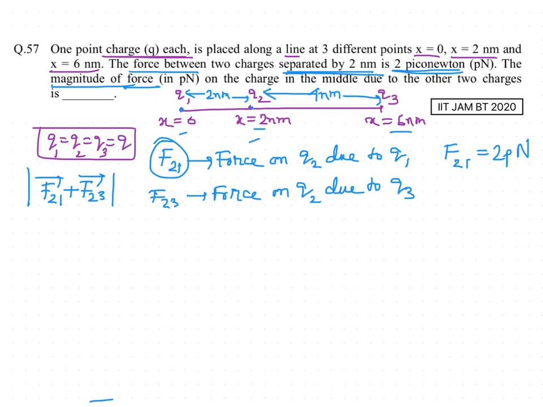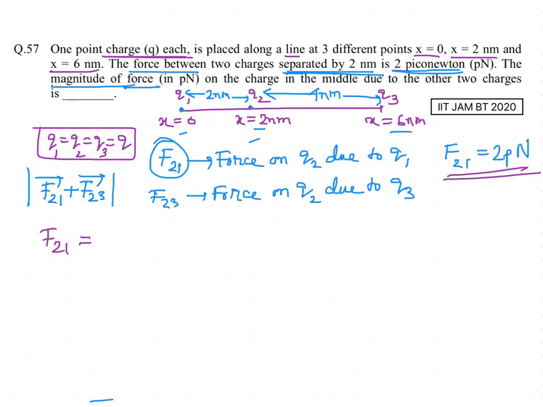So let us write down what is F21. We know the magnitude of F21, but let us write down the expression for F21, that is the force on charge Q2 due to charge Q1.